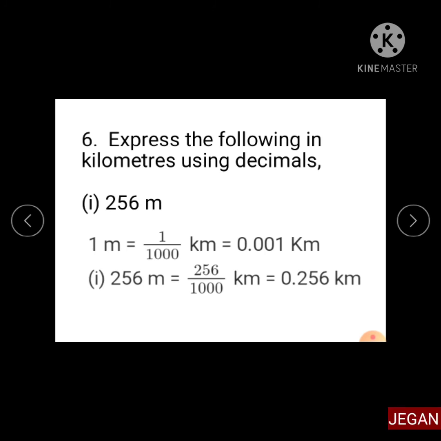Question number 6. Express the following in kilometers using decimals. Subdivision 1. 256 meter.